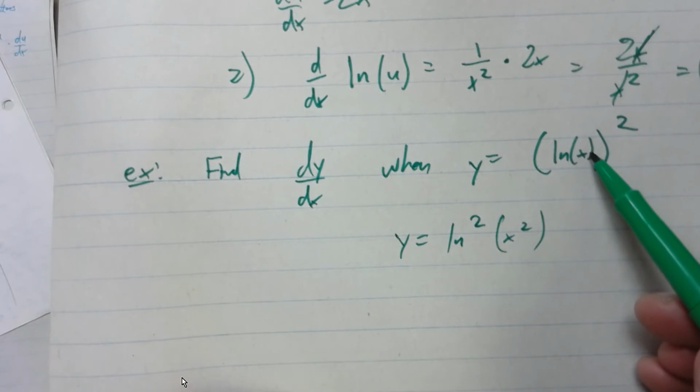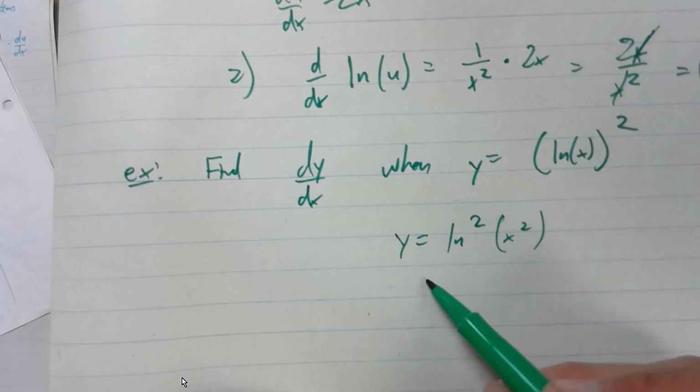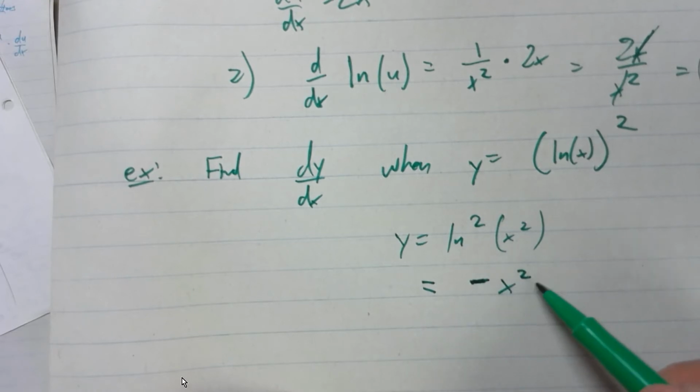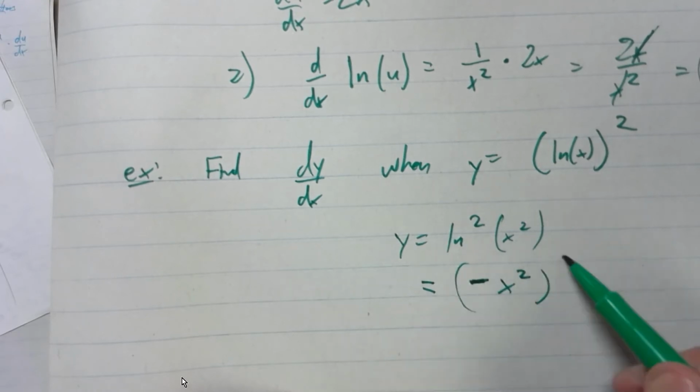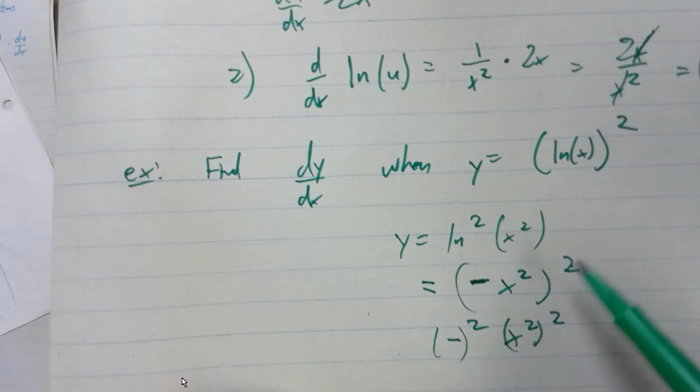You might think of the distributive property, but remember, the natural log is sort of like an operation. It's like saying minus x squared, squared. It's like saying that the squared goes to x squared and then the squared goes to the negative sign. Math doesn't work that way.